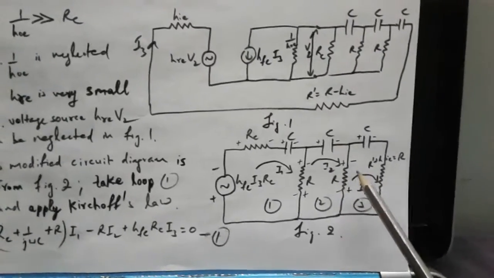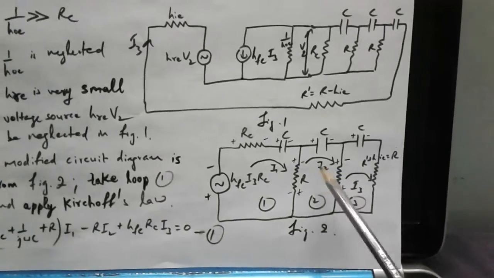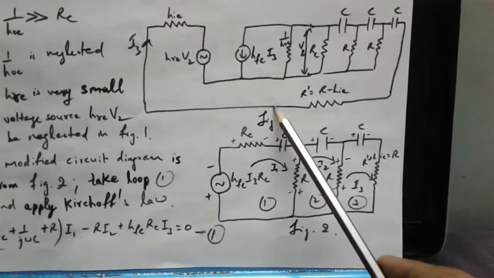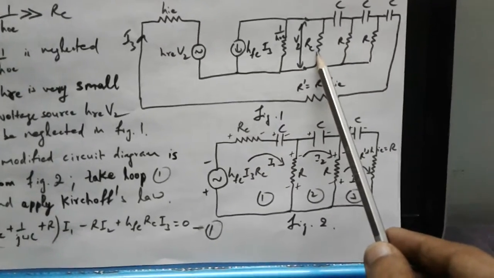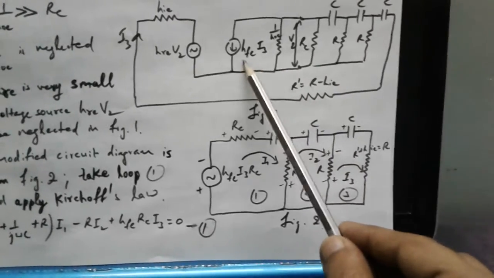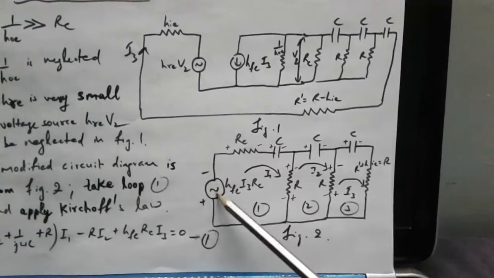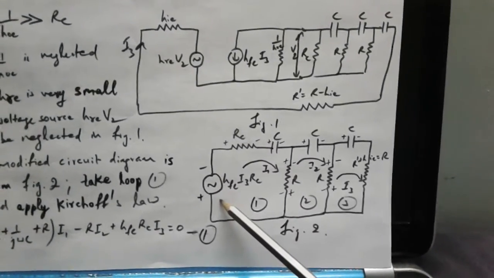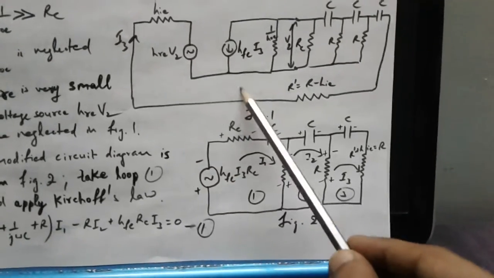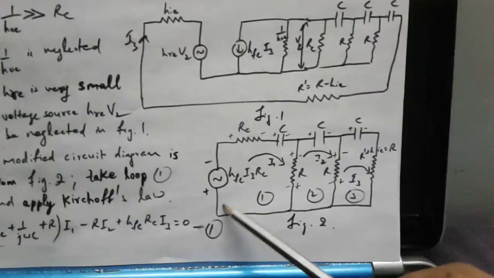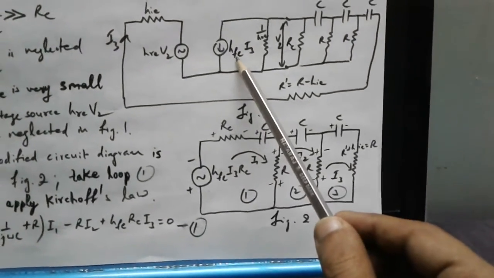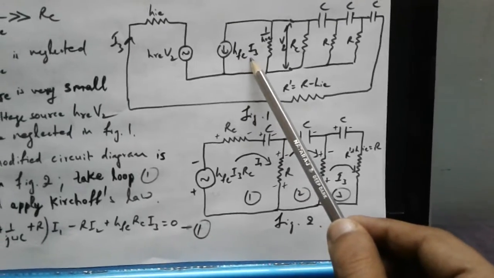One thing you must notice here is that the RC is shown in series, but in figure 1 it is in parallel. So kindly note that what we have done is changed the current source into a voltage source. We did this in our previous semester. This is the current HFE I3.